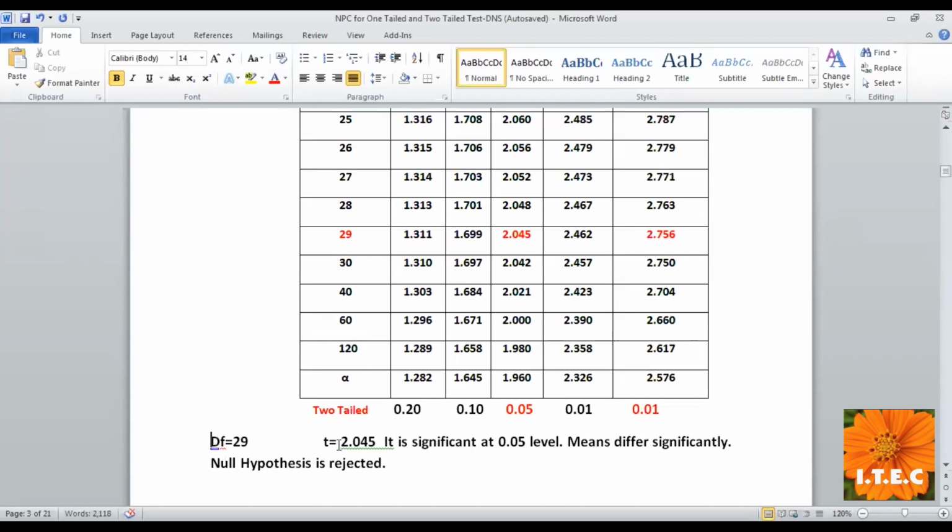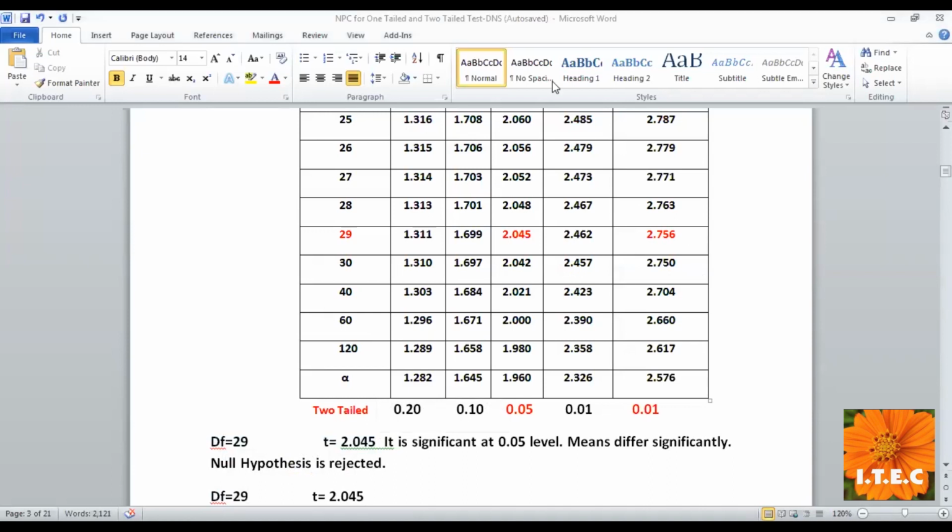Now, if you see the same value at 0.01 level, what is your conclusion?